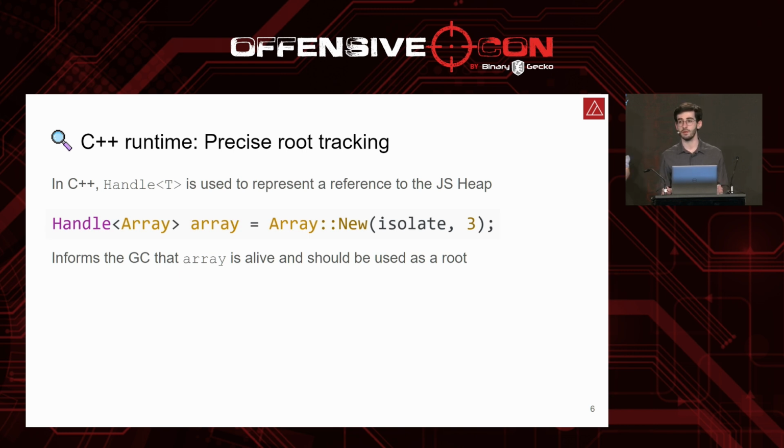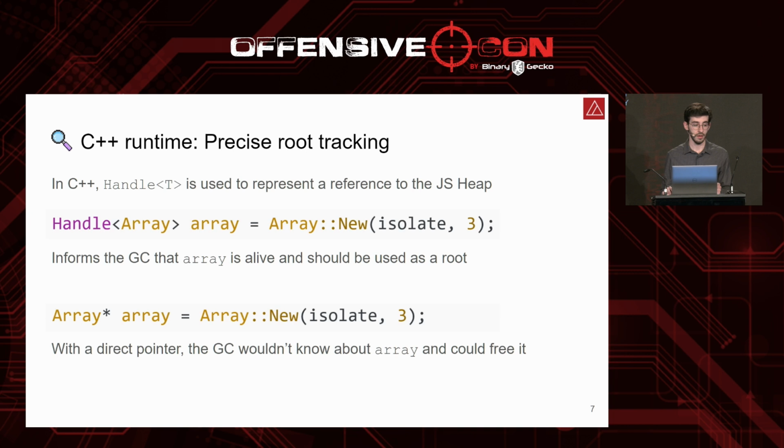Declaring a handle informs the GC that the object is alive and it should be used as a root because it's referenced from a C++ local variable. If we were to use a direct pointer instead of a handle, the GC wouldn't know about the object and could potentially free it, or it could move it without updating the pointer, leading to a dangling reference.